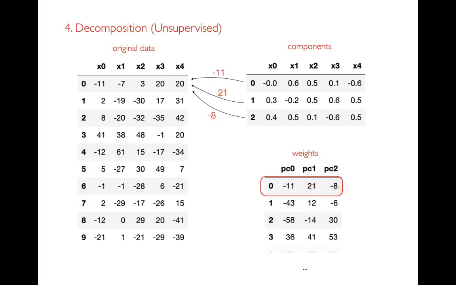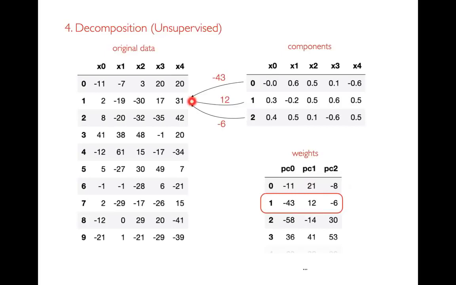And for this next row down here, I'll do the same thing: -43 here, 12 here, and then -6 here. Since I'm putting these mixtures for every row down here, that means if there are n rows over here, then there are also n rows over here. If there are m columns over here, then there would be m columns over here.